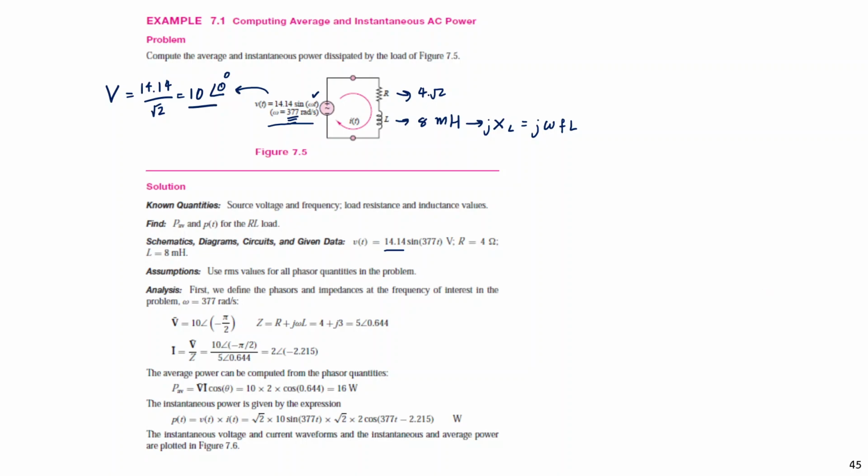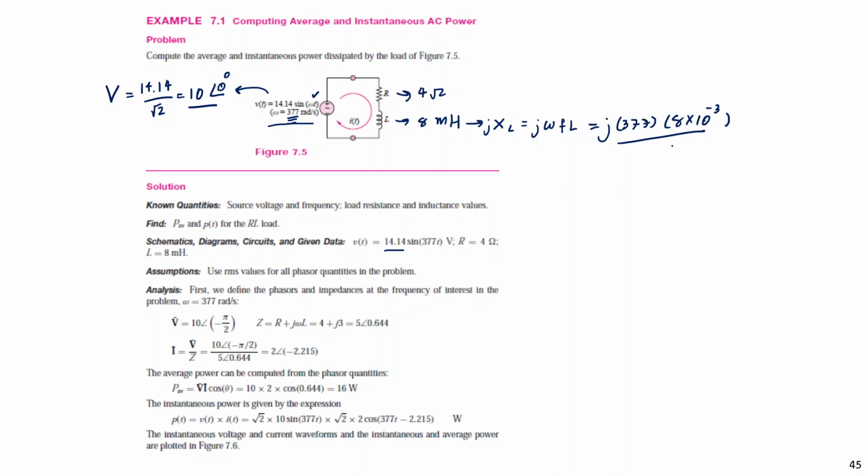And the resistance is also 4 ohm. And what is the inductance in terms of reactance in phasor form? It would be j377 times 8 millihenry, times 10 to the minus 3. And what is this value?